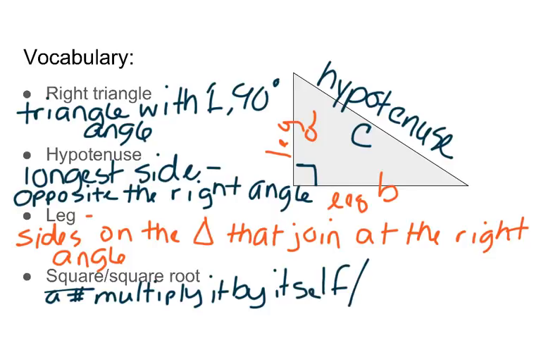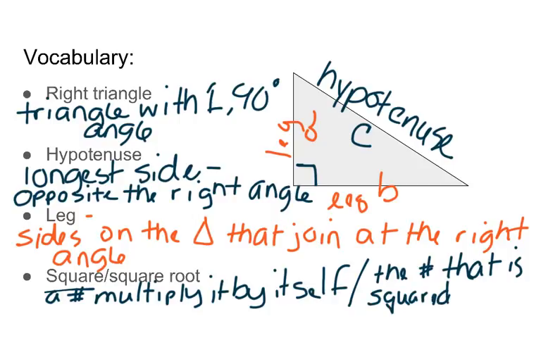The square root of the number is that number that is multiplied by itself, okay? So it's the number that is squared. So for instance, the square root of 25 is 5. That's the number that you multiply by itself to get to 25.